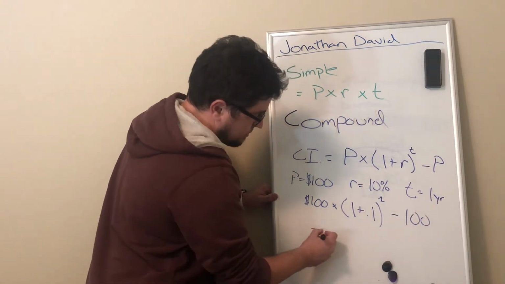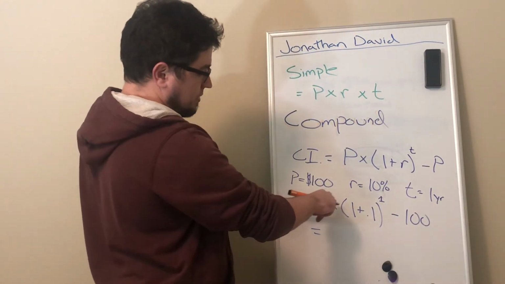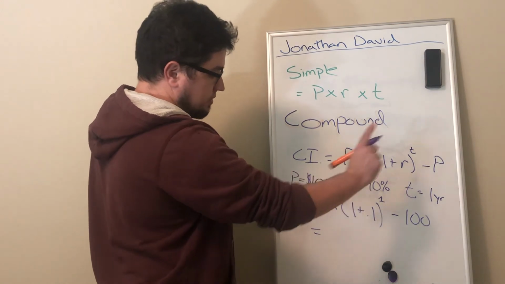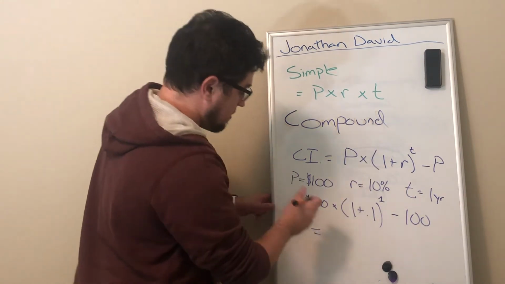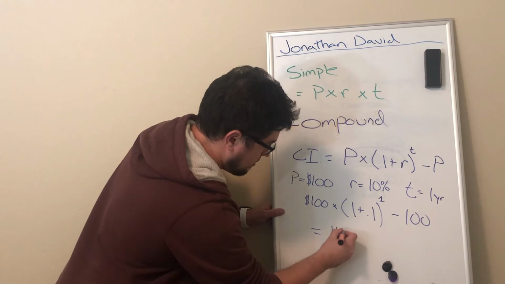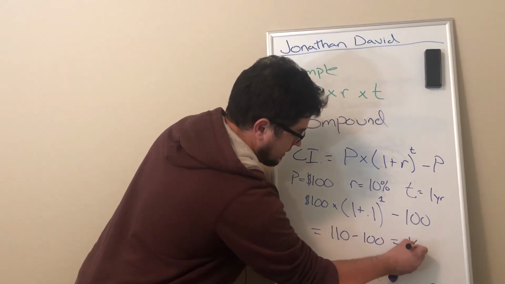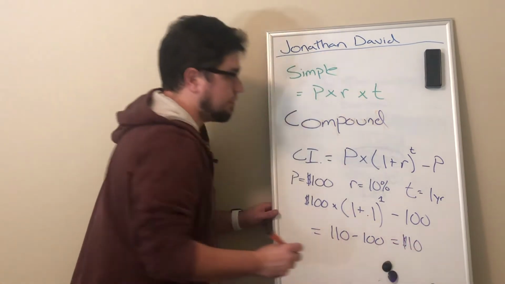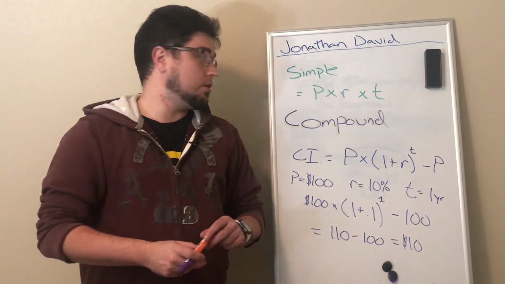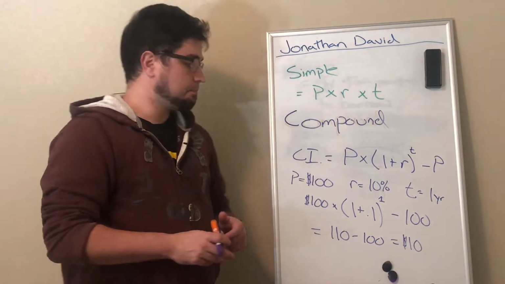And this equals 100 times 1.1 raised to the first, that is 110, minus 100, which equals $10 over that first year. If you recall, that's exactly the same as simple interest.